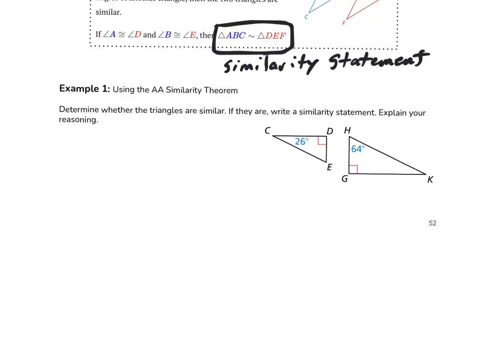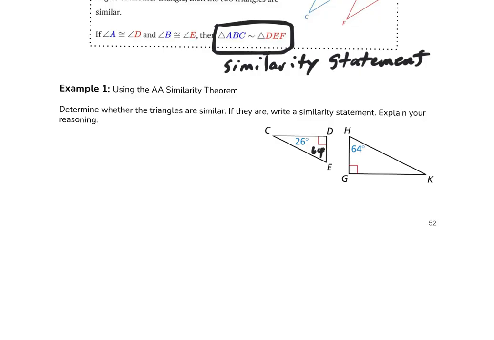How would I get angle E? 26 plus 90 and then subtract it from 180, right? So 180 minus 90 minus 26. What's that leave me? 90 minus 26? 64, okay?